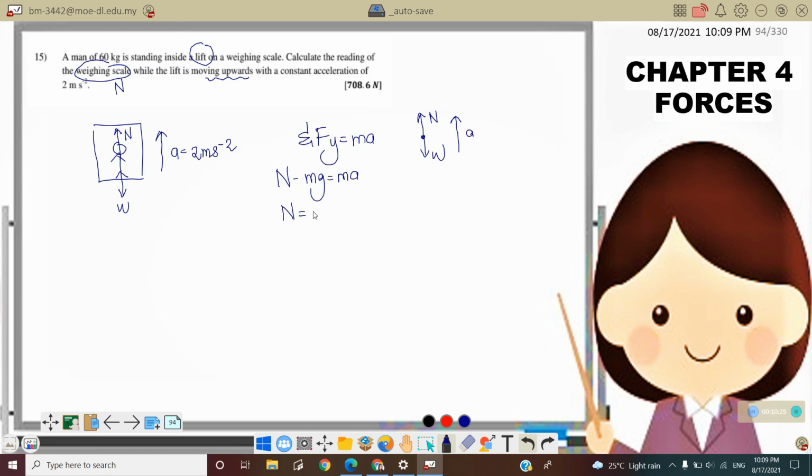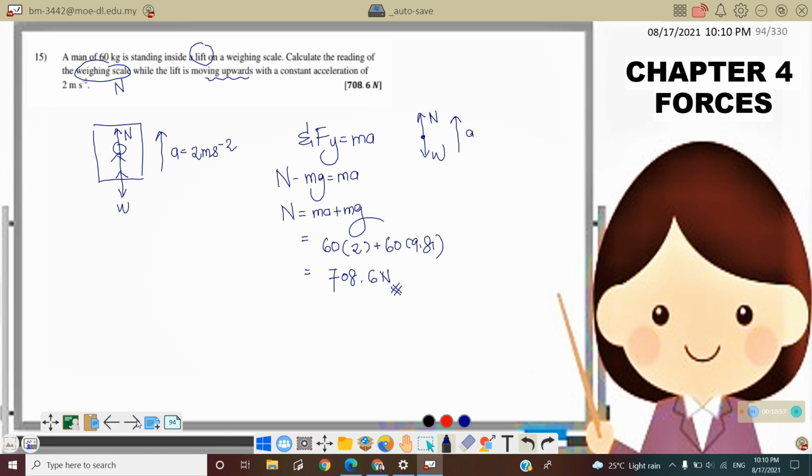Therefore, normal equals to ma plus mg. Then you substitute the values: the mass is 60, acceleration is 2, plus 60 times 9.81, and finally you will get 708.6 Newton. Okay, so this is the reading of the weighing scale, which is actually referring to the normal force.